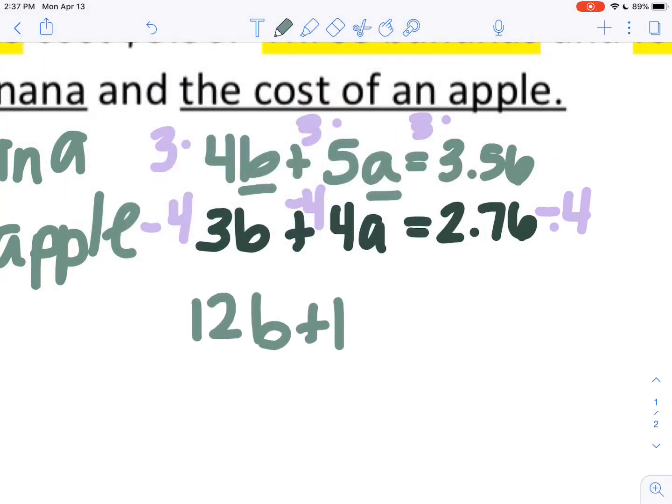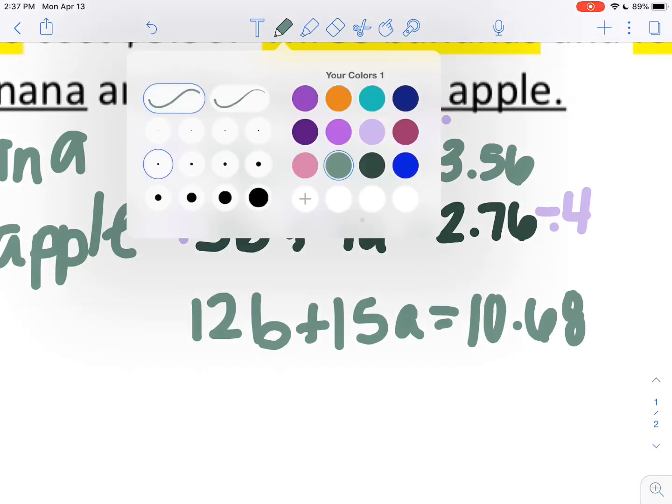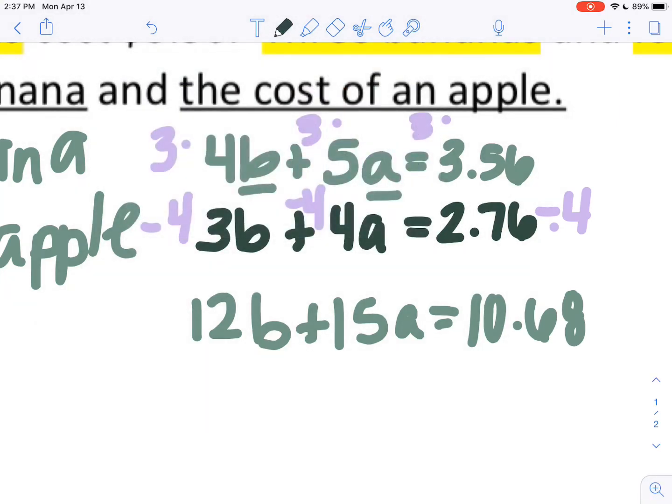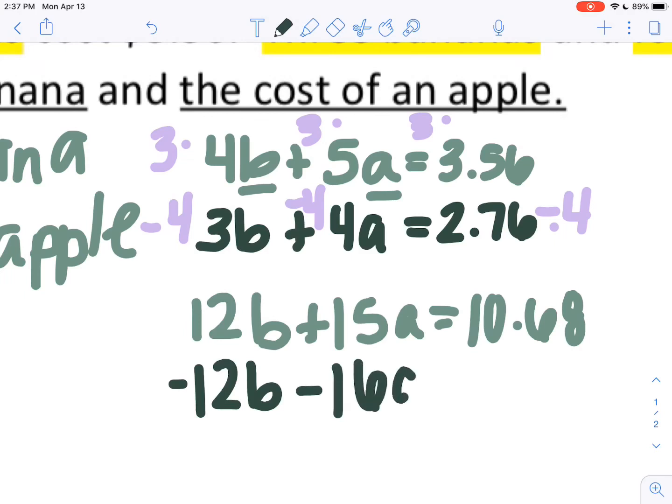Okay, so for the top equation, let me keep the colors the same. 12b plus 15a equals, let me calculate that out, times 3. So I get 10.68. And then for my second equation, I get -12b minus 16a equals -11.04.